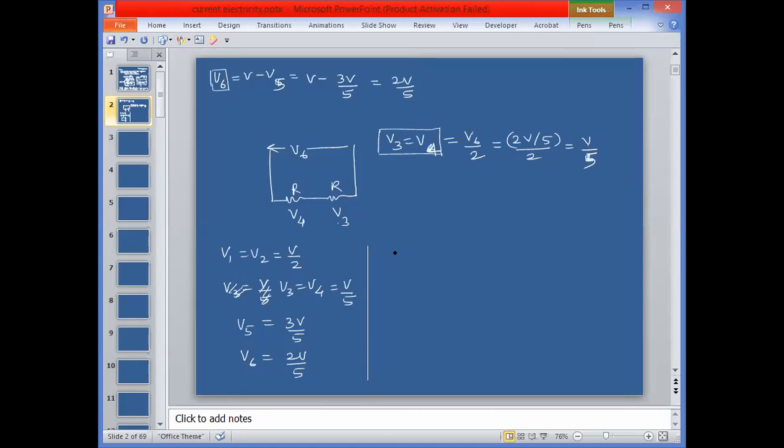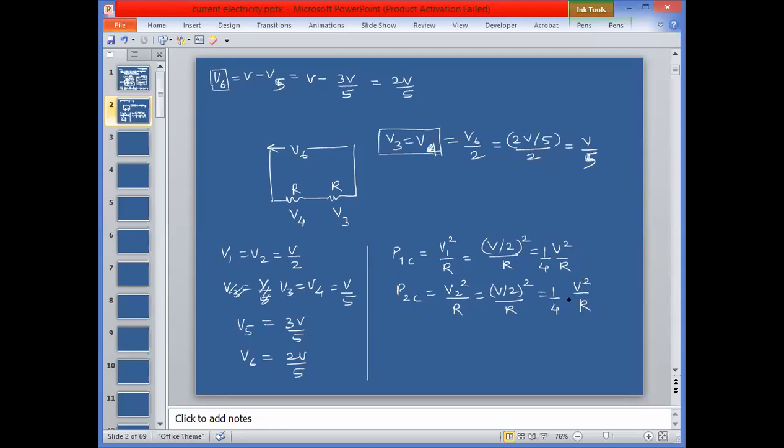Now, to find out the power consumed, let me say the power consumed by the first bulb is equal to V1 square upon R. V1 is equal to V by 2, so that will be equal to (V by 2) square upon R. Just keep on writing: V square upon 4R, or 1 by 4 into V square upon R. Power consumed by the second bulb is again V2 square upon R, V2 is equal to V by 2, that will again be equal to 1 by 4 into V square upon R. Right?